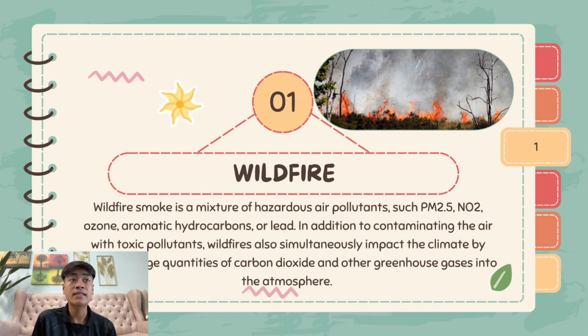PM2.5 is a concern when levels in air are unhealthy. In addition to contaminating the air with toxic pollutants, wildfire also simultaneously impacts the climate by releasing large quantities of carbon dioxide and other greenhouse gases into the atmosphere.